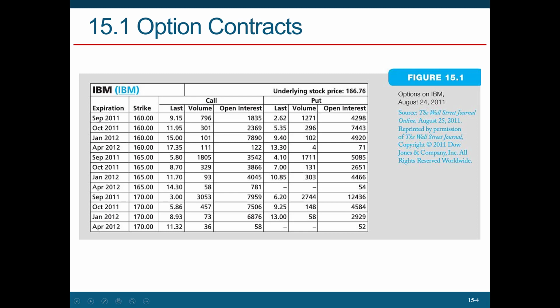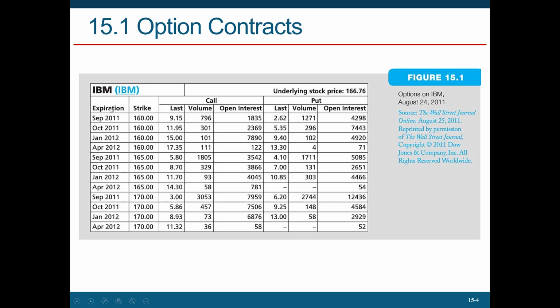These are all the expiration dates. The second column says strike price. This is also known as the exercise price of the option, and this is basically that fixed pre-specified price at which you can buy a share of IBM.